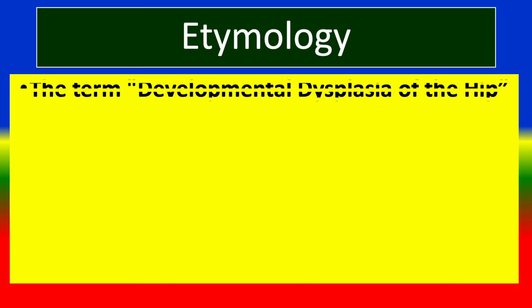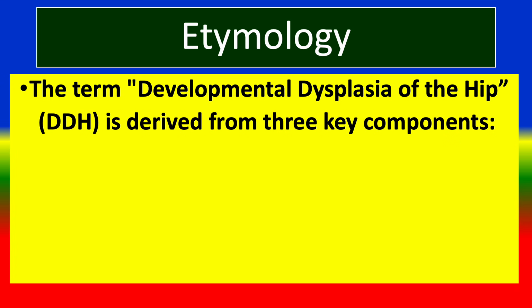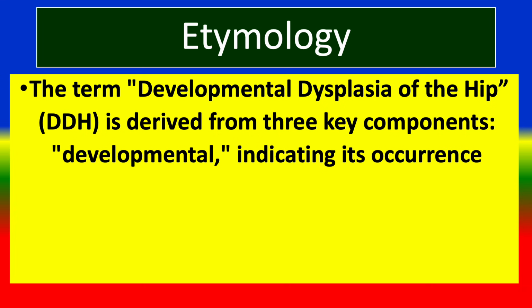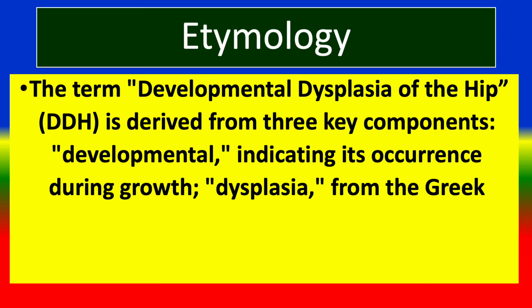Etymology. The term developmental dysplasia of the hip is derived from three key components. Developmental, indicating its occurrence during growth.